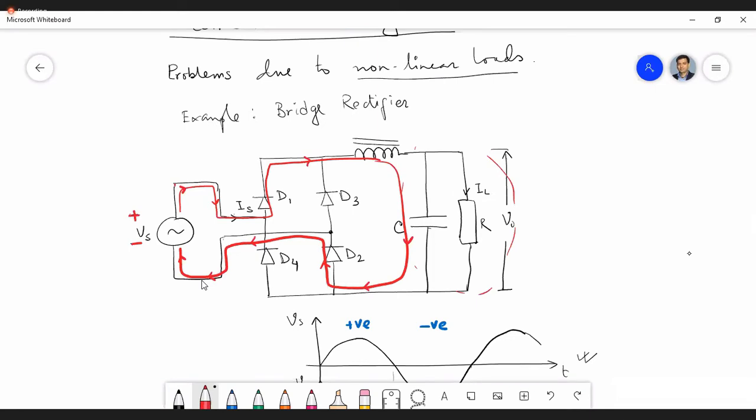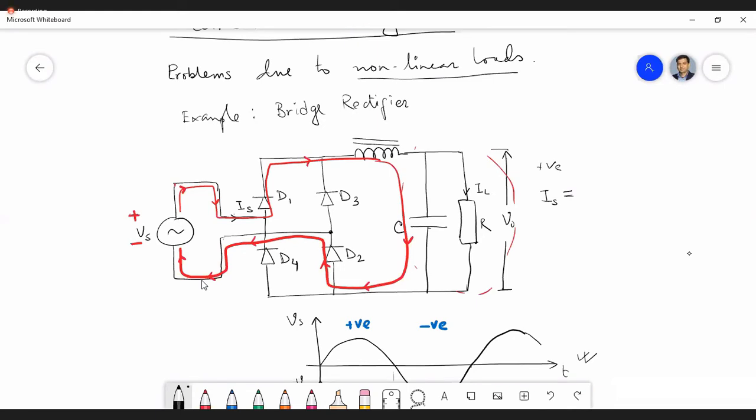Now, you just tell me, in this positive half cycle of the supply voltage, what should be the value of IS? If the load current is 5 ampere, it should be equal to 5 ampere, the constant ripple free current during this period.